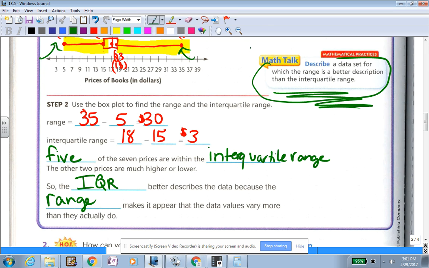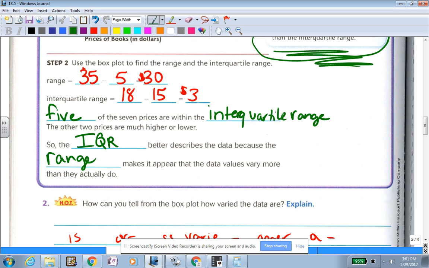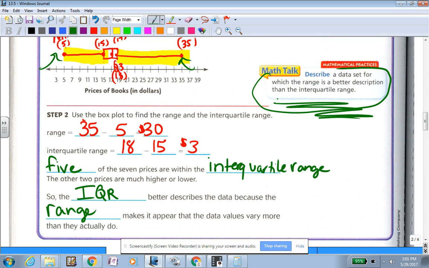And let's look at the hot problem, the last piece. How can you tell from the box plot how varied the data is? Well, in this case, look at the shape. The box is very small. So that tells us the interquartile range is going to show less variation.